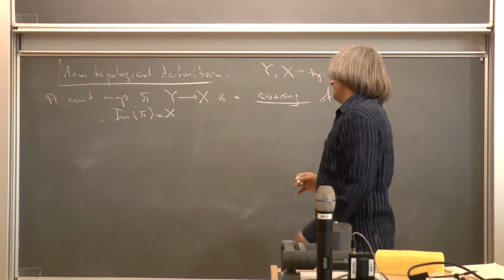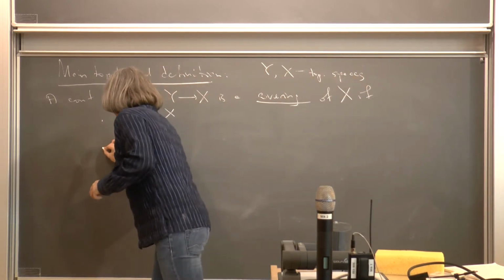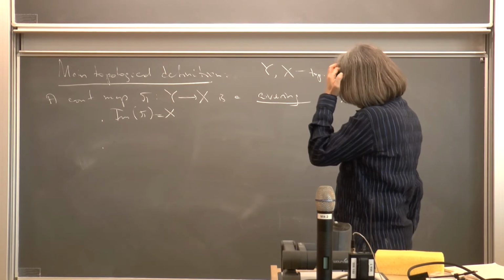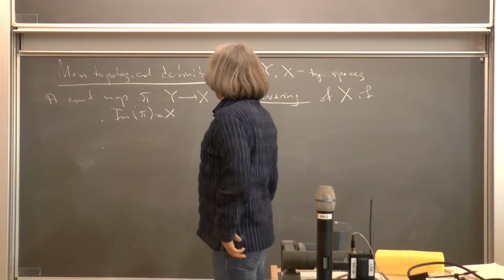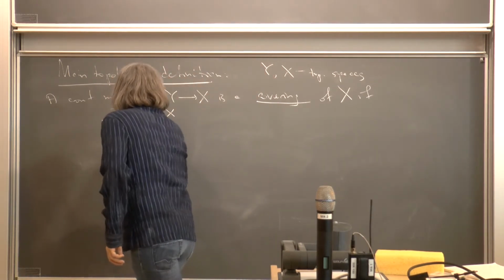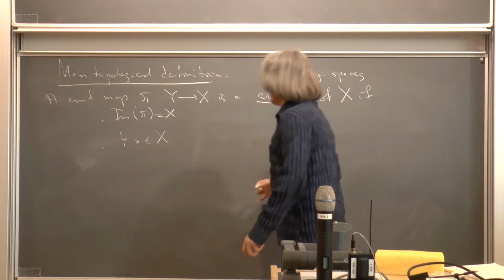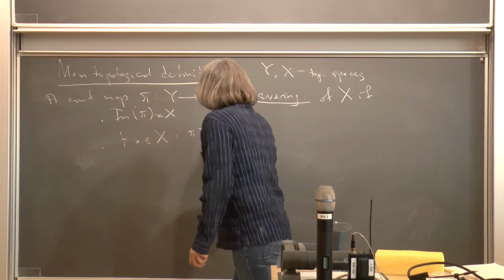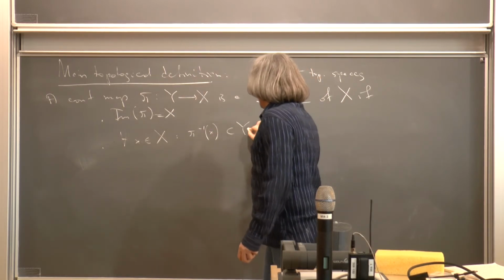And now there are two important things. First, for any point x in X, the preimage of x in Y is discrete.